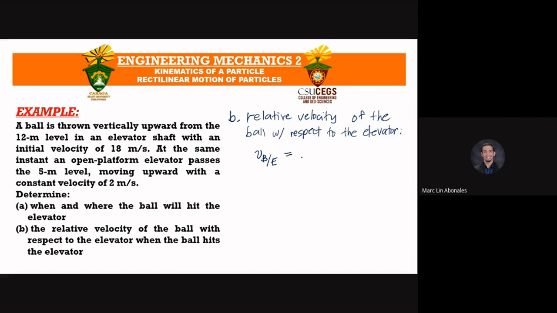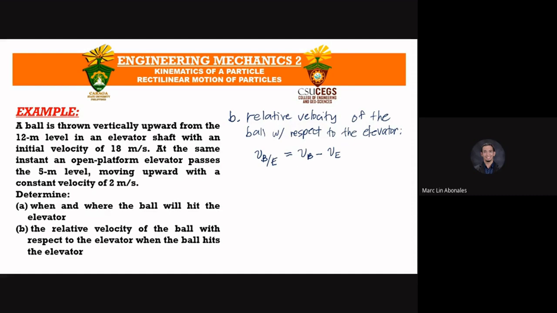So that would be equal to the difference of the final velocity of the ball and the final velocity of the elevator. So that is VB minus VE.